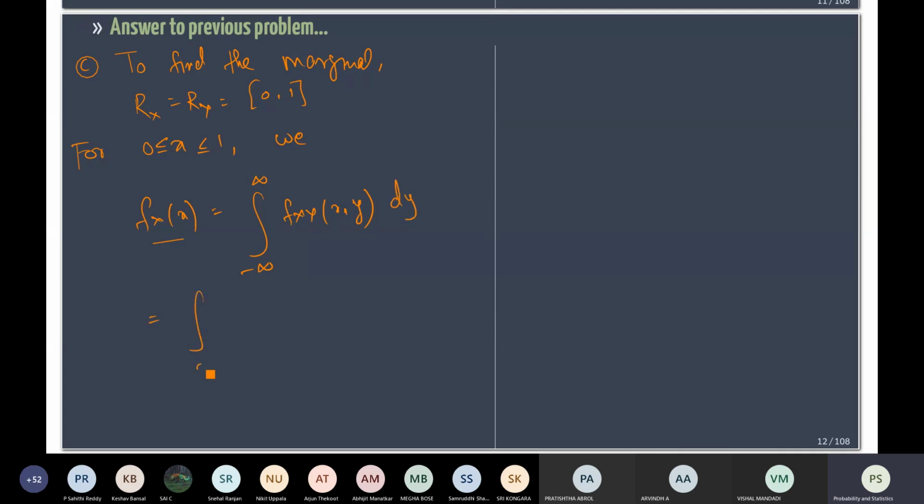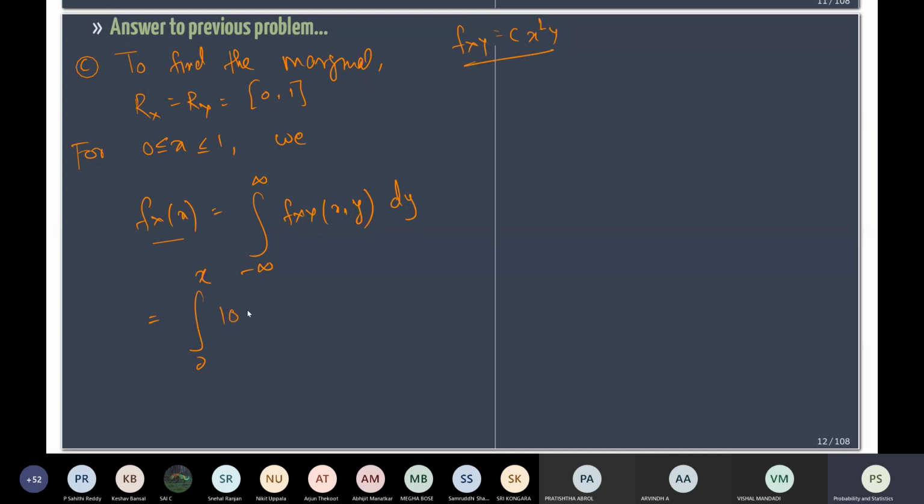But y, we knew it lies between 0. Okay, sorry. y lies between 0 and x, right? Because it's upper bounded by x. And then f_XY, so c was found to be 10.